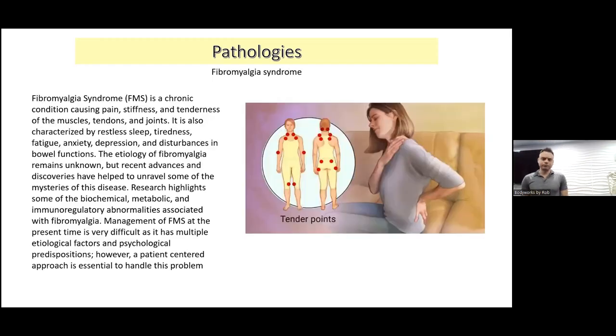So, fibromyalgia syndrome. A lot of people might have heard of this, might know someone with it, might have it, right? Fibromyalgia is certainly a very interesting condition, and in the realm of medicine, it's kind of like a catch-all condition. Sometimes when you have unexplained pain, your doctor is just like, yeah, it's fibromyalgia, whatever, I don't know.